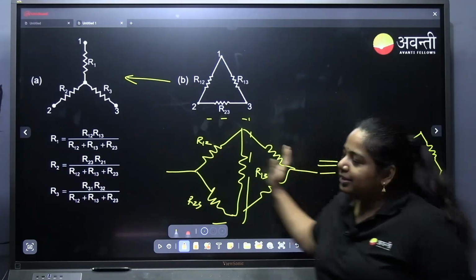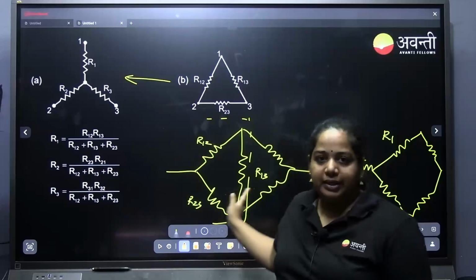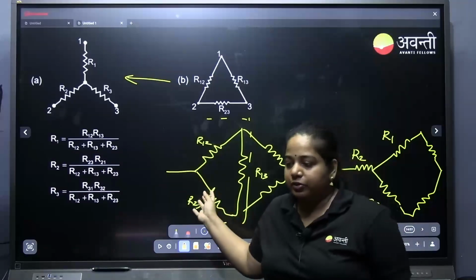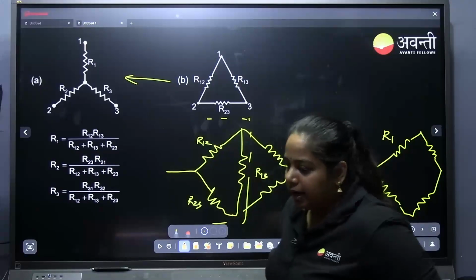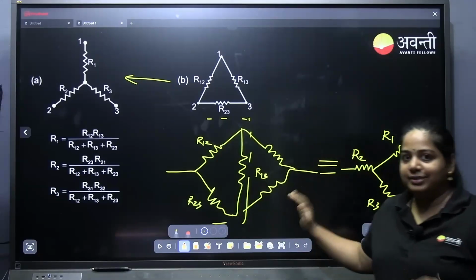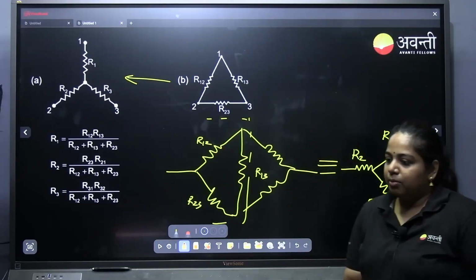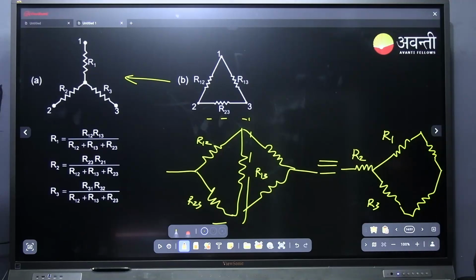For further understanding, I will send you this PPT. You can refer to this. I am not hoping you will understand it in this one class. With more problem solving only you will understand. Can we move on? When we convert like this, it becomes easier, right?